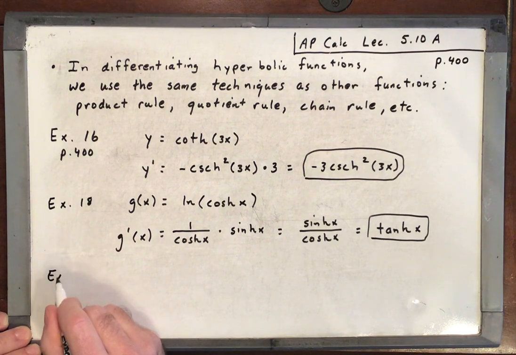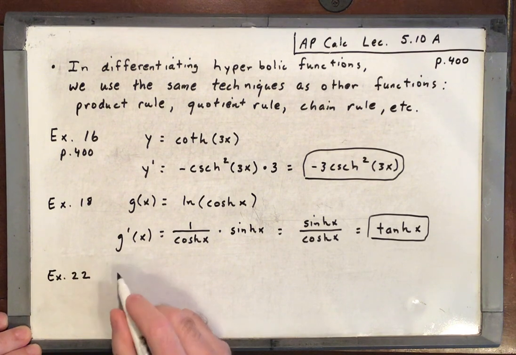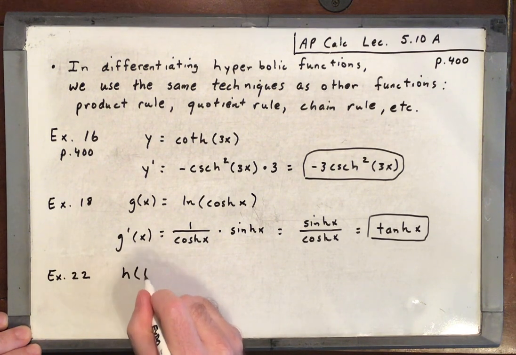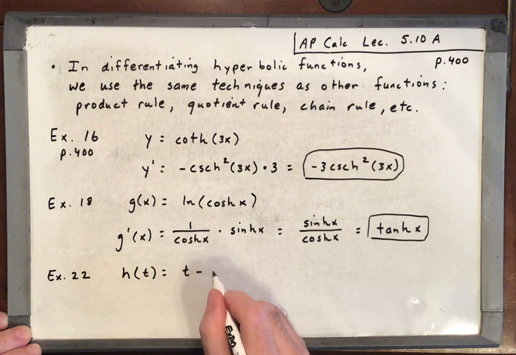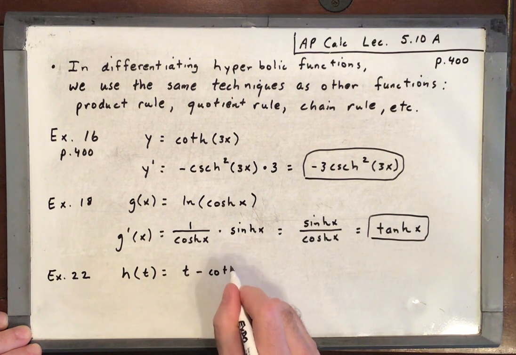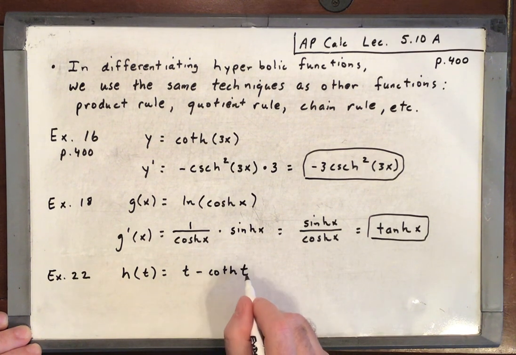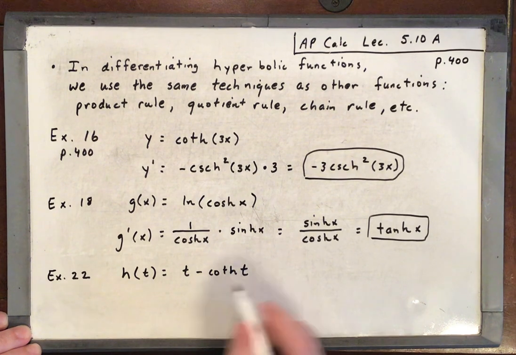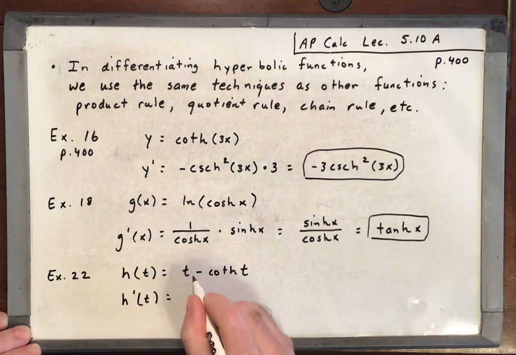And one more example. All right, so not too long a video today. We have h of t is equal to t minus hyperbolic cotangent of t. So coth t. All right, h prime of t. Well, the derivative of t is no different than what it was before.